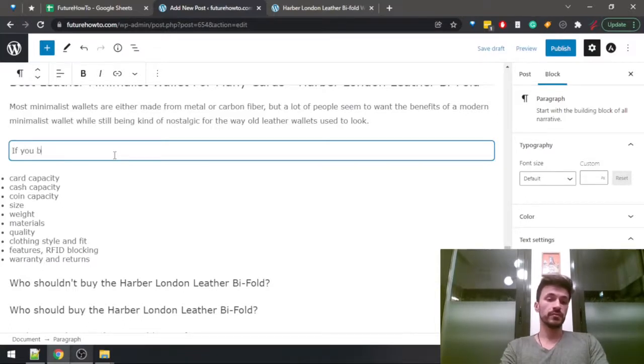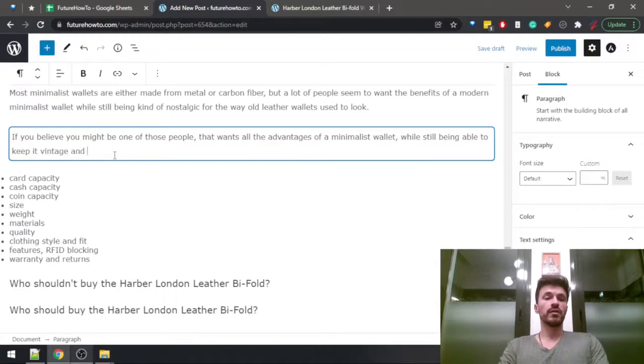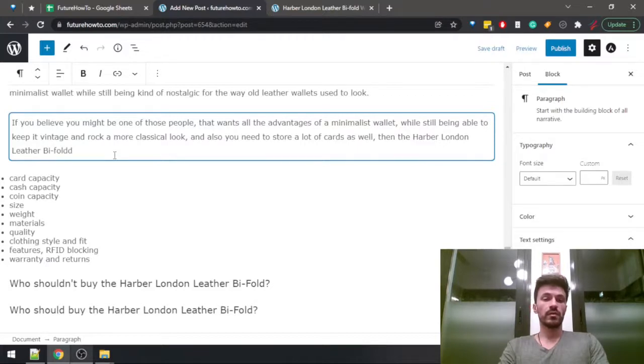If you believe you might be one of those people that wants all the advantages of a minimalist wallet while still being able to keep it vintage and rock a more classic look, and also you need to store a lot of cards as well, then the Harbor London leather bifold might be a great option for you.